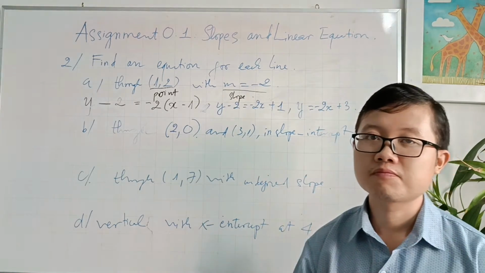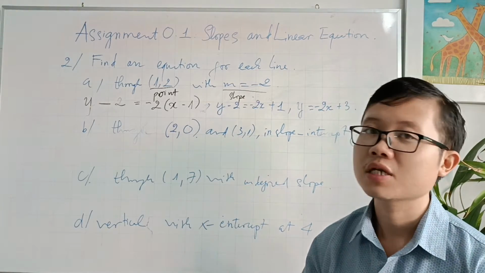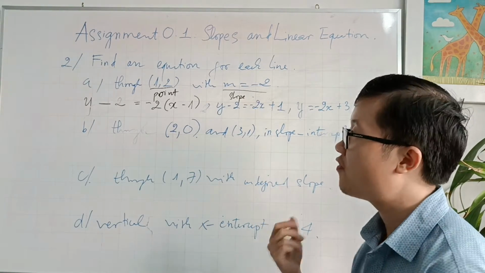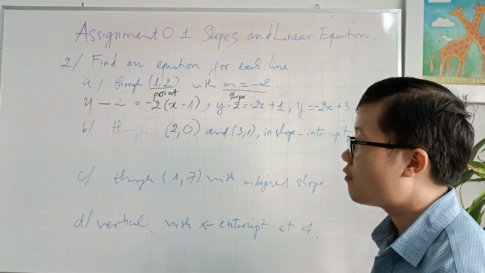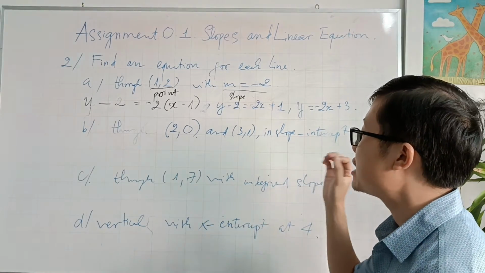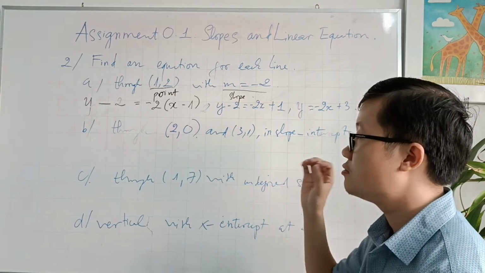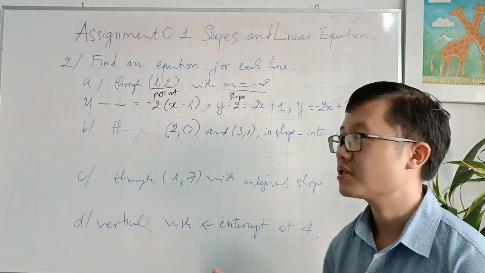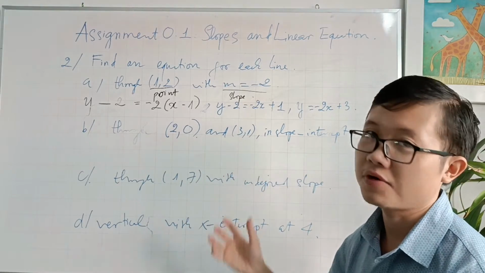In the first and second forms, slope-intercept form and point-slope form, you must have the slope. So when a question does not include the slope, you must compute the slope before writing the linear equation.